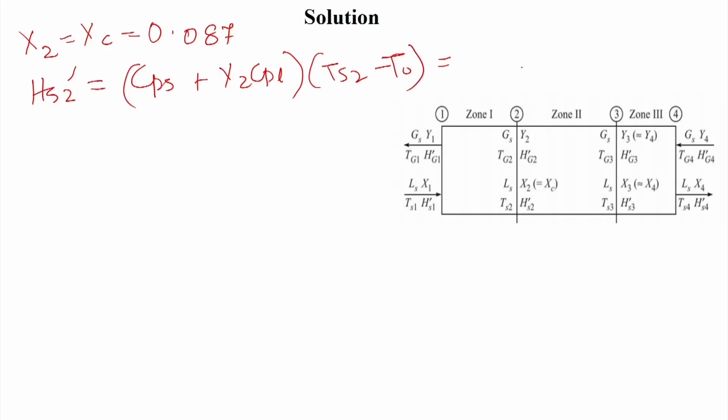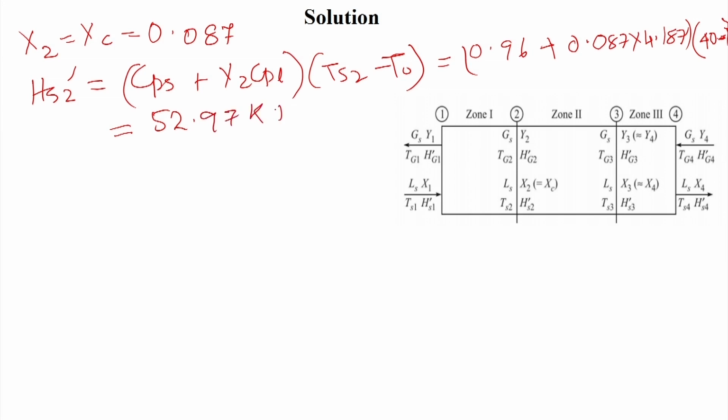That will be 0.96 plus x2, equal to 0.087, into 4.187, into Ts2, which we assume as 40, minus 0. So, from here we will be getting Hs2 prime equal to 52.97 kilojoule per kg Kelvin. Okay.